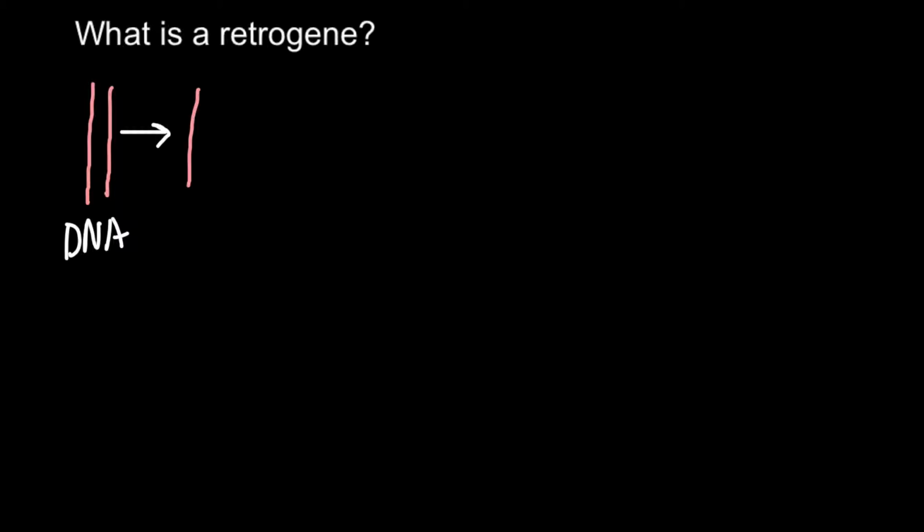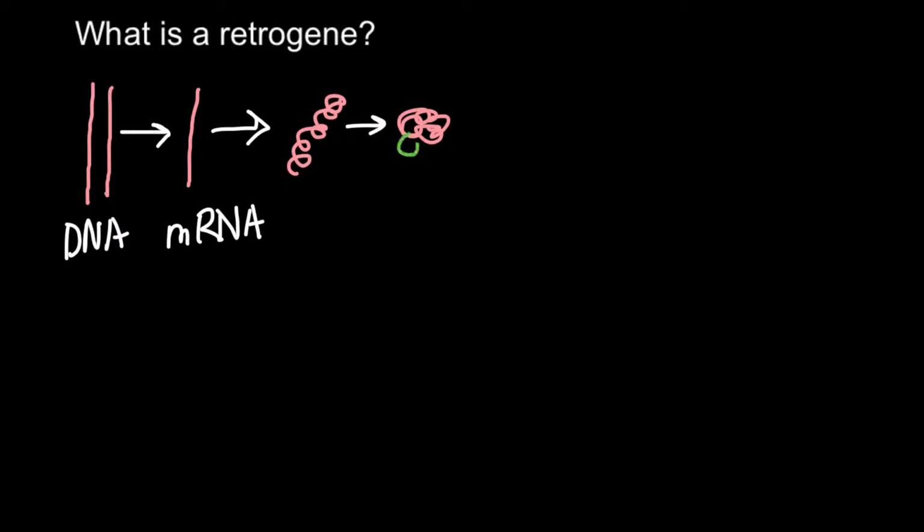Then this messenger RNA is translated into protein, and the protein takes a three-dimensional form and may also aggregate with different proteins to become fully functional. This is called the central dogma of biology, how genetic information flows and how proteins are produced.